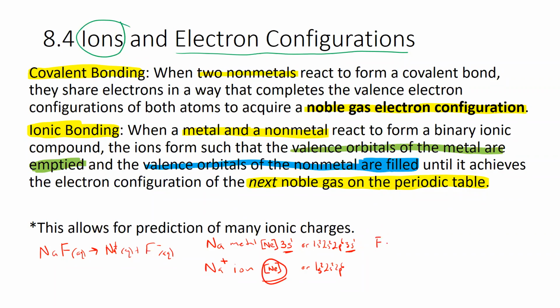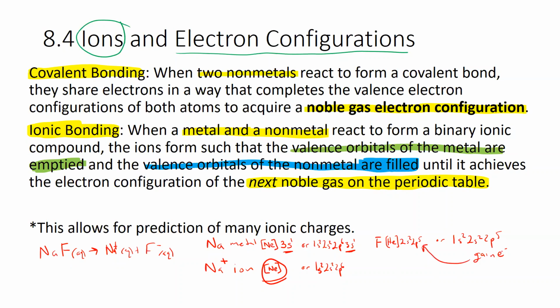If you look at fluorine, fluorine is going to be helium 2s2, 2p5, or if you want the full electron configuration, 1s2, 2s2, 2p5. But it's going to gain an electron, and so where's that electron going to go?